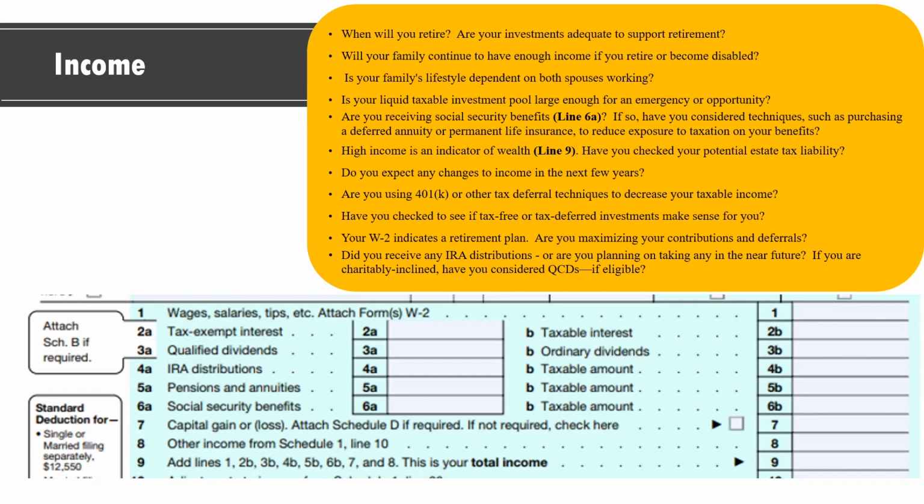I love 2B and line 3 here on the form. These indicate the types of investments that the clients may already have that may be generating an income tax result for a client.